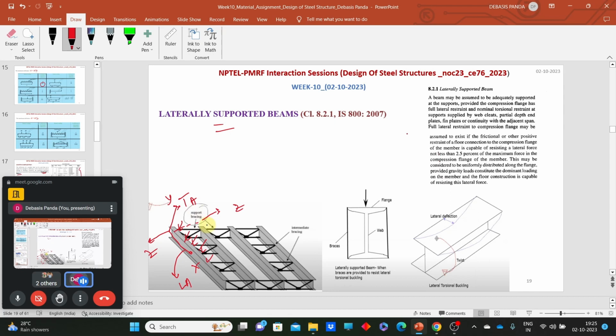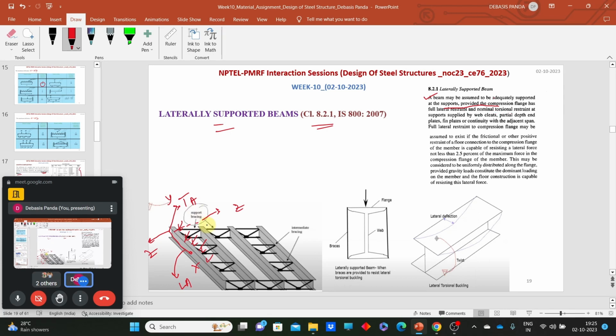Our code IS 800:2007 clause 8.2.1 gives the complete details about laterally supported beams. Here you can see a beam may be assumed to be adequately supported at the support provided the compression flange has full lateral restraint and the nominal torsional resistance at the support.